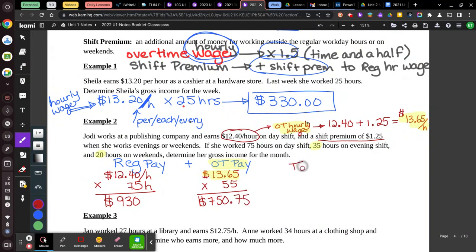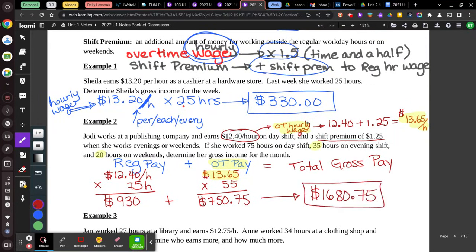If I want your total gross pay, that means everything all together, you're going to add those numbers. So now we're going to get our final paycheck will be $1,680.75.